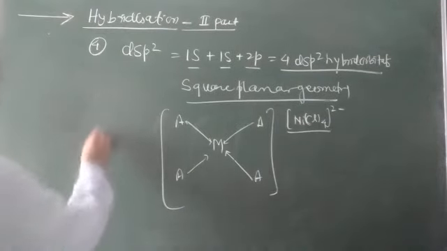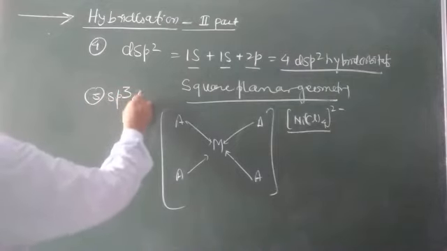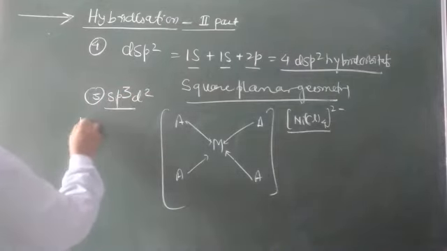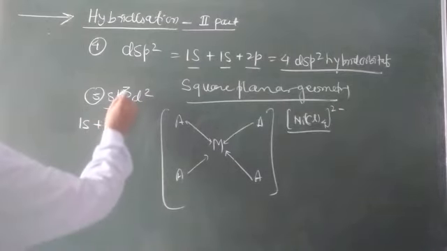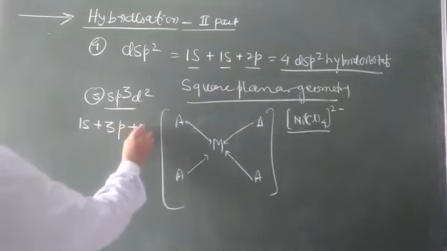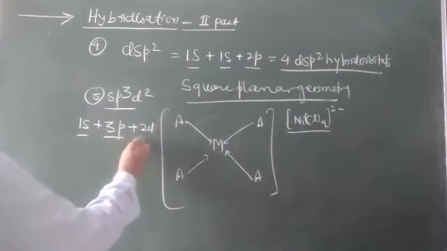Now coming to the fifth one, sp3d2. Here 1s plus 3p plus 2d, so 1 plus 3 is 4, and 2 makes 6.